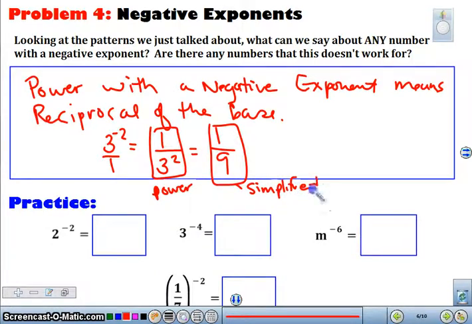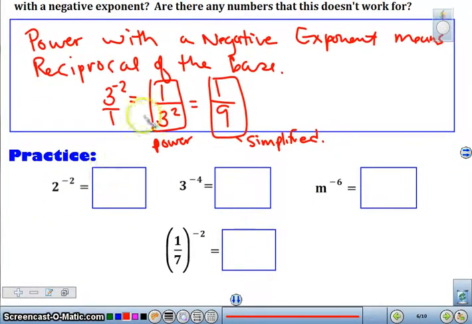So there's kind of some different ones in your homework that you need to look at. As we are taking a look at each of these, what I would like for you to do first in your homework is always rewrite it with a positive exponent. So if we are looking at this, first we rewrite it, we put it over 1 as 2 to the negative 2, which then we would put 1 over 2 squared.